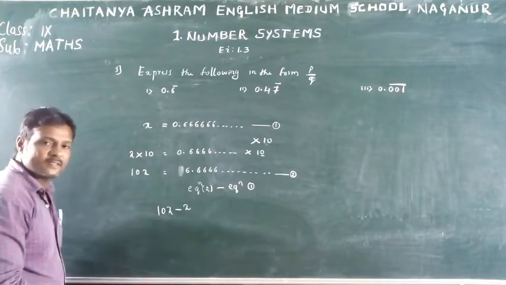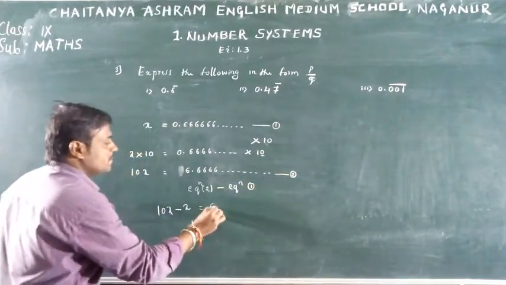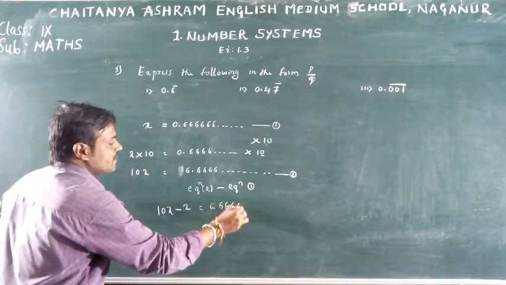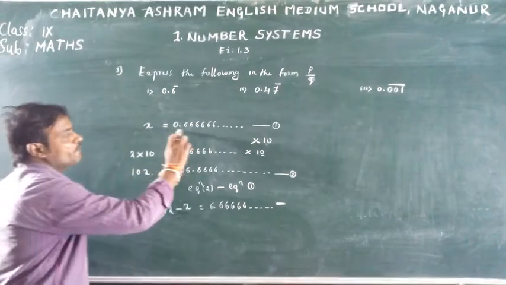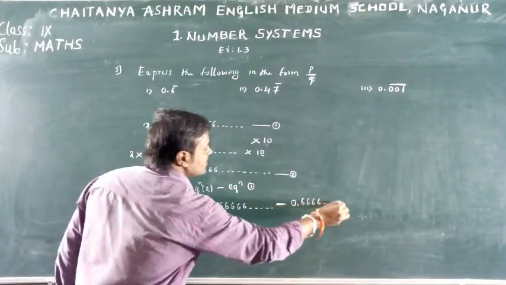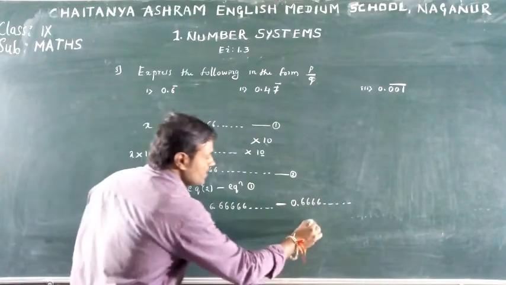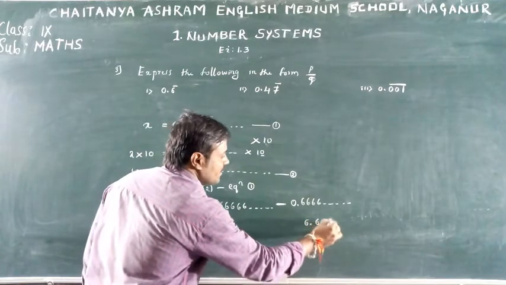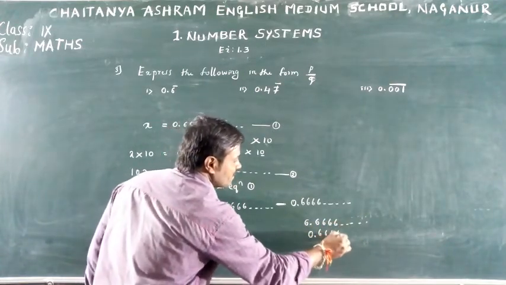That is equal to, what is the RHS of equation 2? 6.6666 minus, what is the RHS of equation 1? 0.6666. So what is the difference? 6.6666 minus 0.6666.